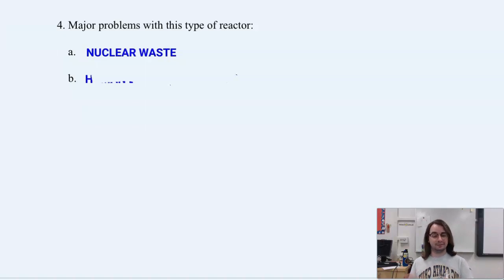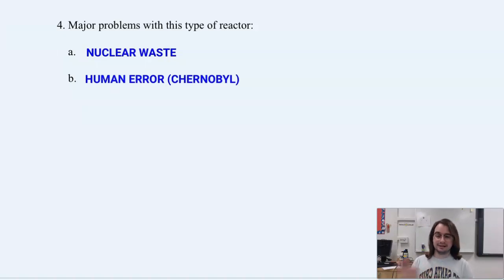Another drawback that a lot of people get nervous about is human error. If you've heard about the disaster that happened in Ukraine a long time ago in the city called Chernobyl, it was human error in the sense that people were supposed to be in control of the power plant. Things did not go as they should have, and the power plant overheated and exploded.